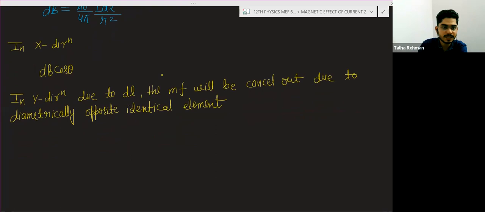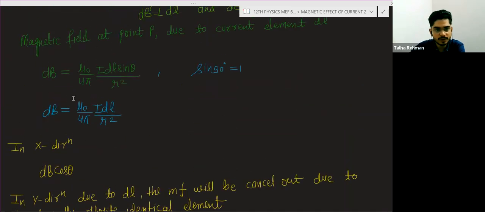So the net magnetic field at point P will be dB cos theta. So what is the value of dB?